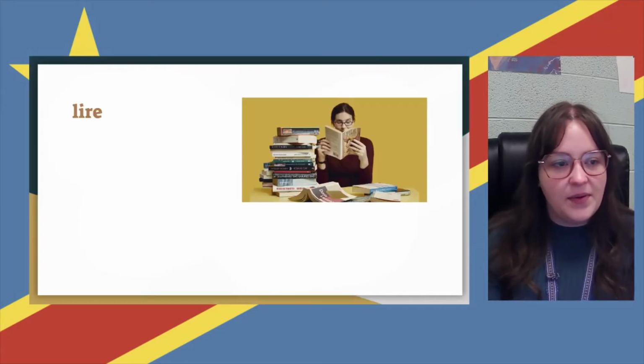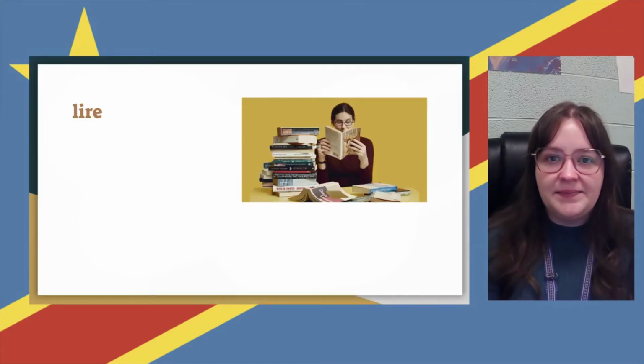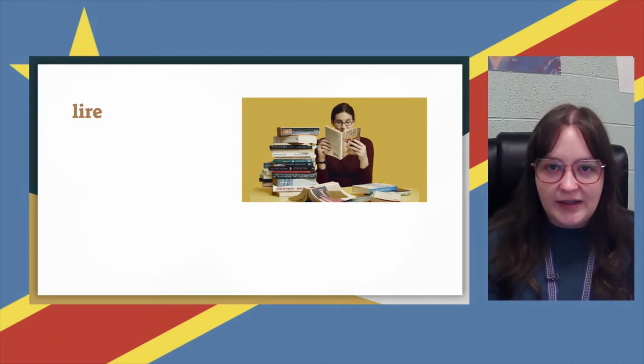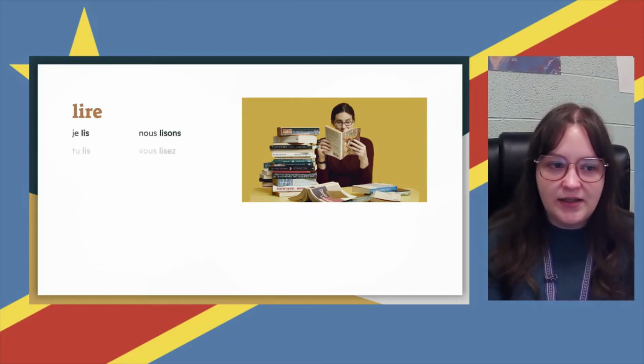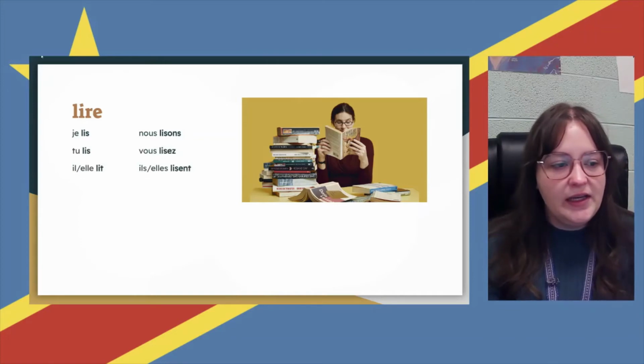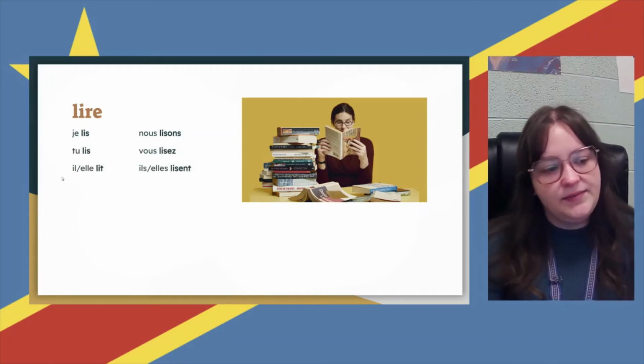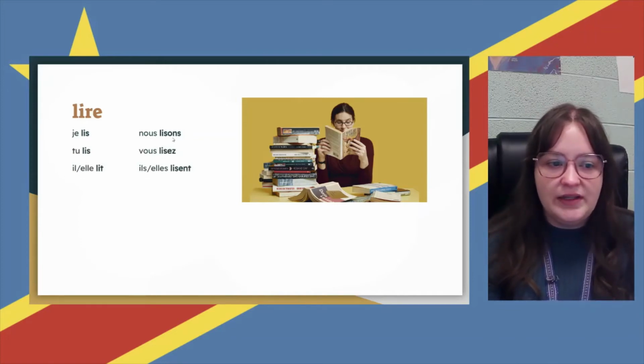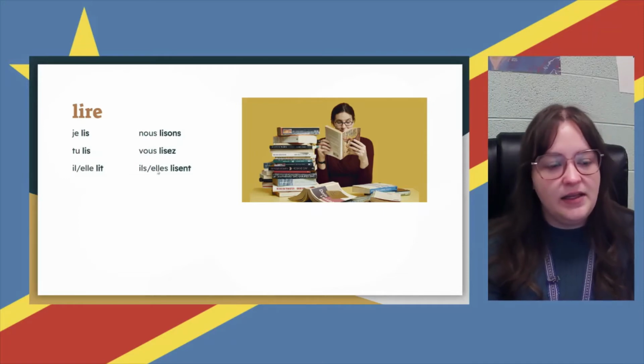So first up, we've got lire. Lire means to read. And it is conjugated as such. Je lis, tu lis, il elle lit, nous lisons, vous lisez, ils elles lisent.